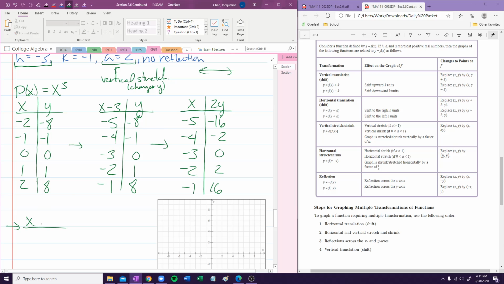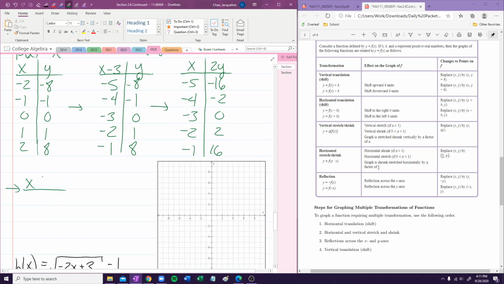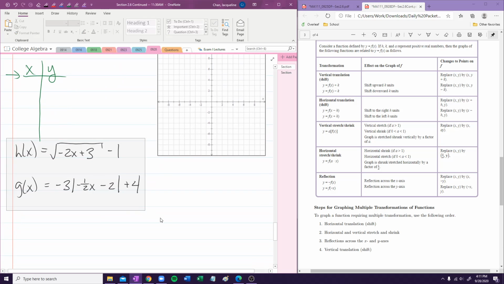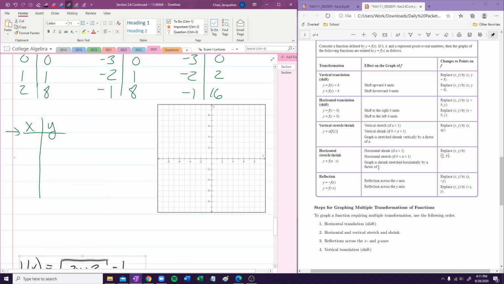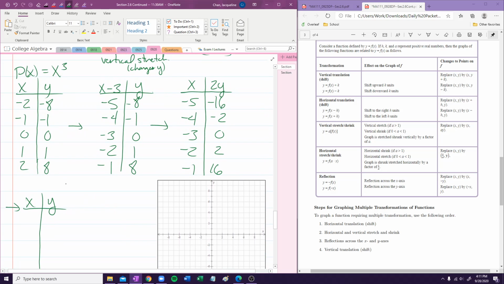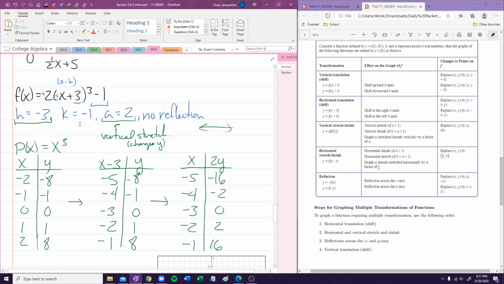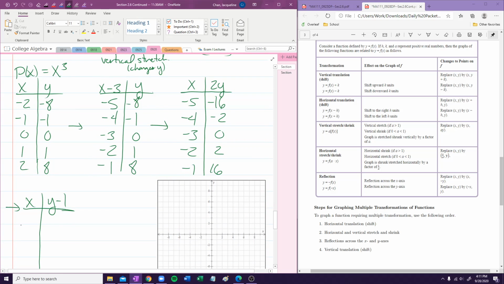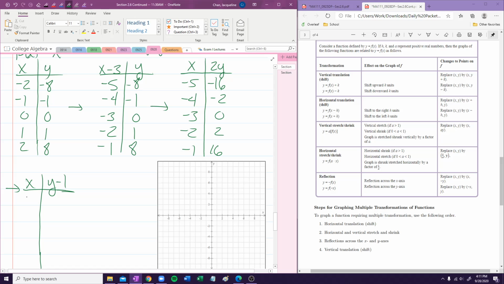So x, y. All right, let me bring this down. Okay, so again, this is y minus 1. It is y plus k. K is -1. Okay, so again, I have to get my x's.